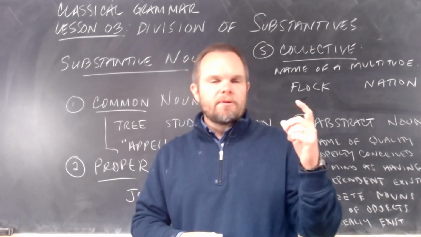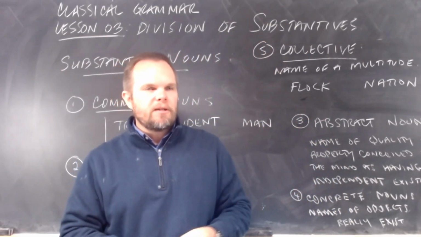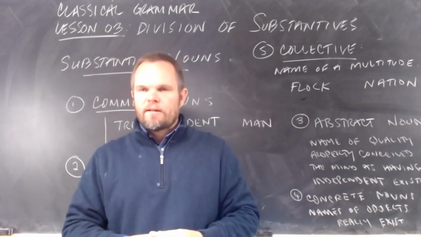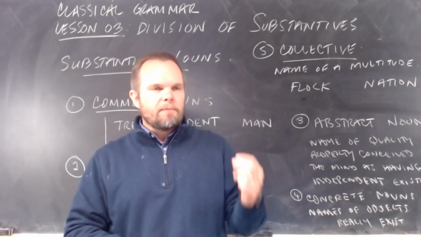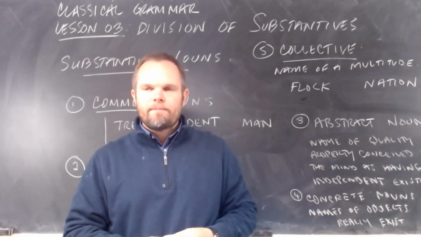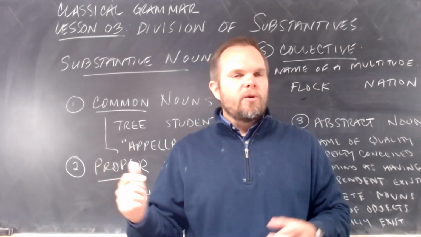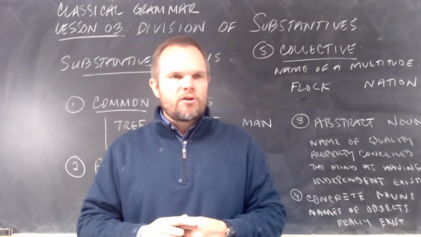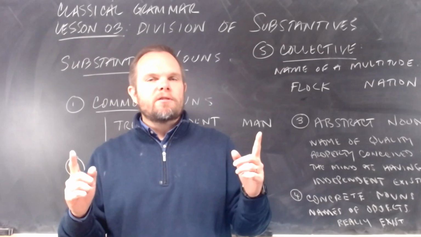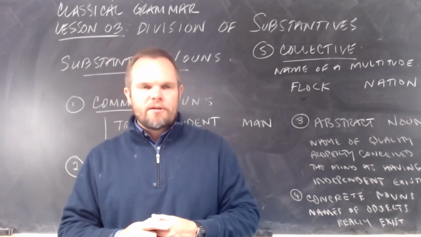You should be able to name the 10 parts of speech. If you can't name the 10 parts of speech, you have to review the names of the 10 parts of speech and memorize them. We're going to study them one at a time through classical grammar. Now in lesson 3, you have to take the first part of speech and you have to know the divisions, the different kinds of substantive nouns.